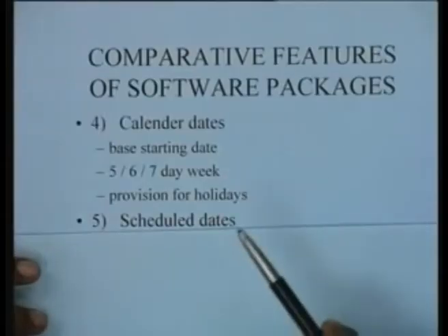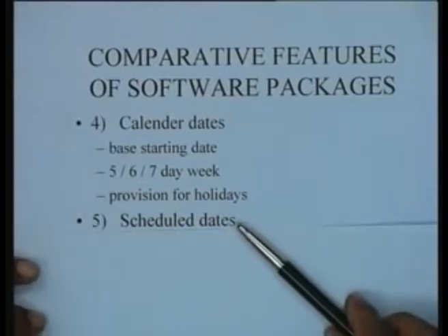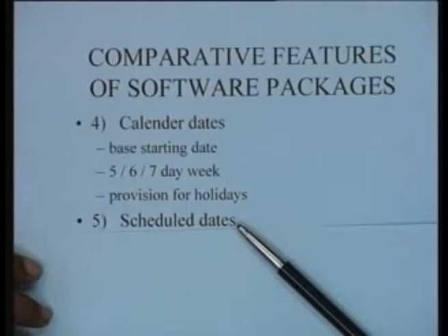Then this is another feature which is slightly interesting. I will try to explain it this way. Does your package have a facility to accommodate scheduled dates? What this means is, you know that the total project duration is determined by the length of the critical path anyway, but before you do the analysis you don't know what the duration is.